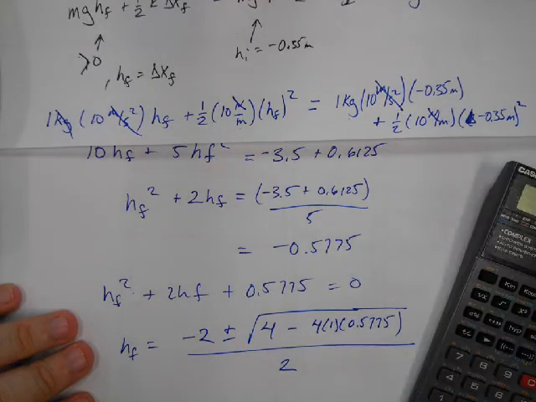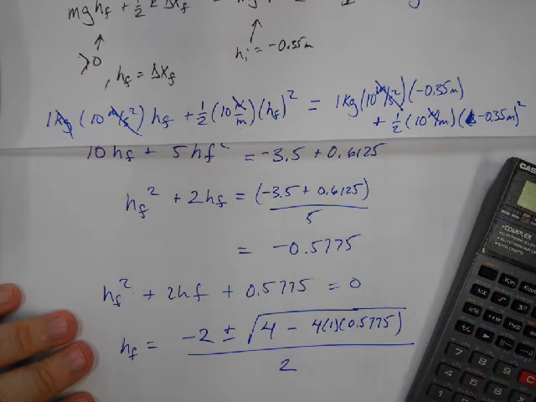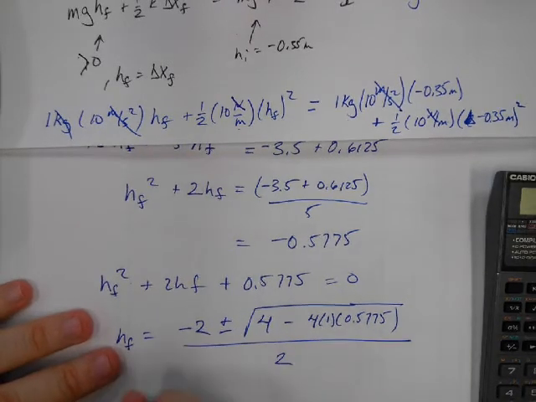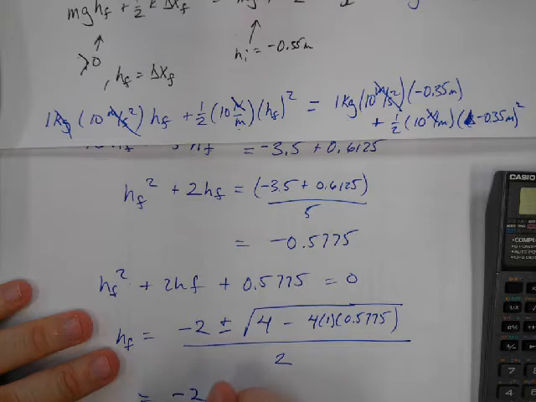Let's check that this makes sense. 4 times 0.5775 is 2.31, minus that plus 4. The thing under here is 1.69, the square root of that is 1.3. So it is minus 2 plus or minus 1.3 over 2.